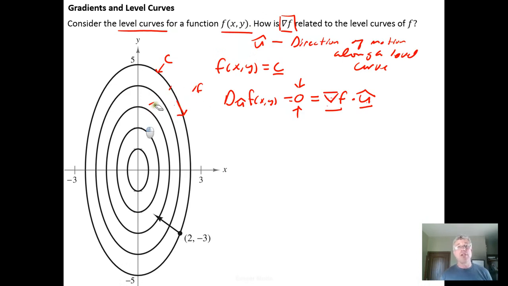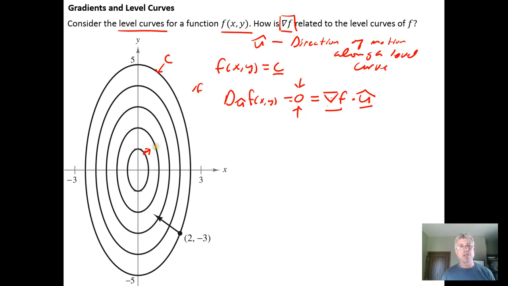And we know that the gradient function tells you how to move in the direction of maximum change. So for example, if I go right here and I draw a point, and I say, hey, these level curves get larger in value as we move outwards, then I would know that the direction of maximum change would be to move perpendicular to the level curve.